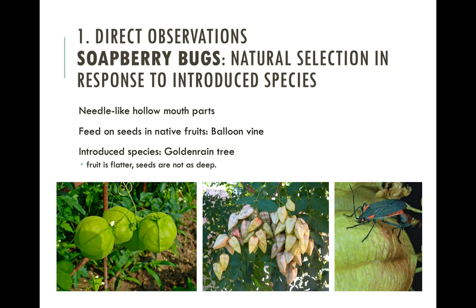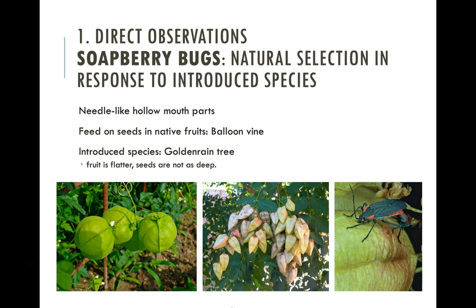The balloon vine started to decline when the golden rain tree was introduced into the area. This is a different plant. You can see it has a similar structure, except that it is longer and thinner. This golden rain tree became a new food source for these soapberry bugs.